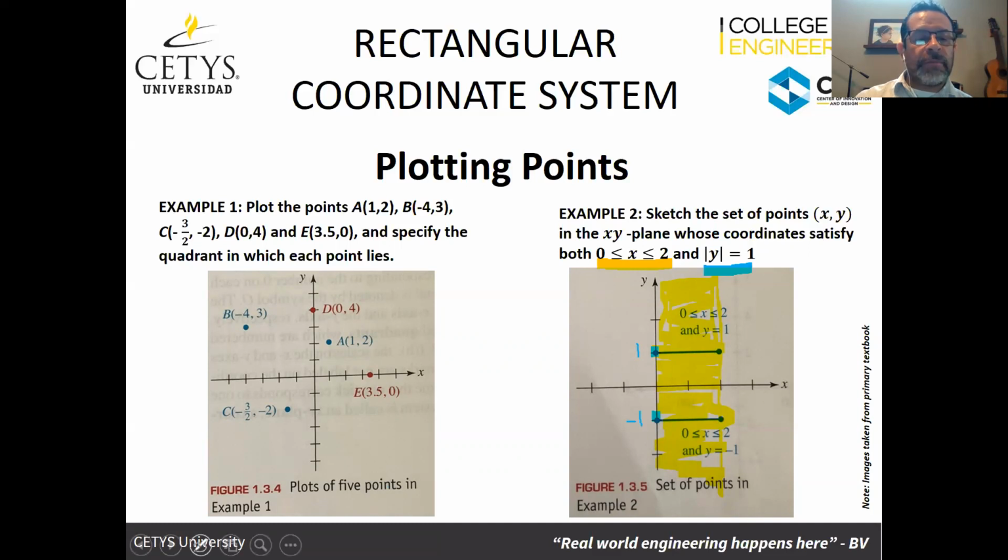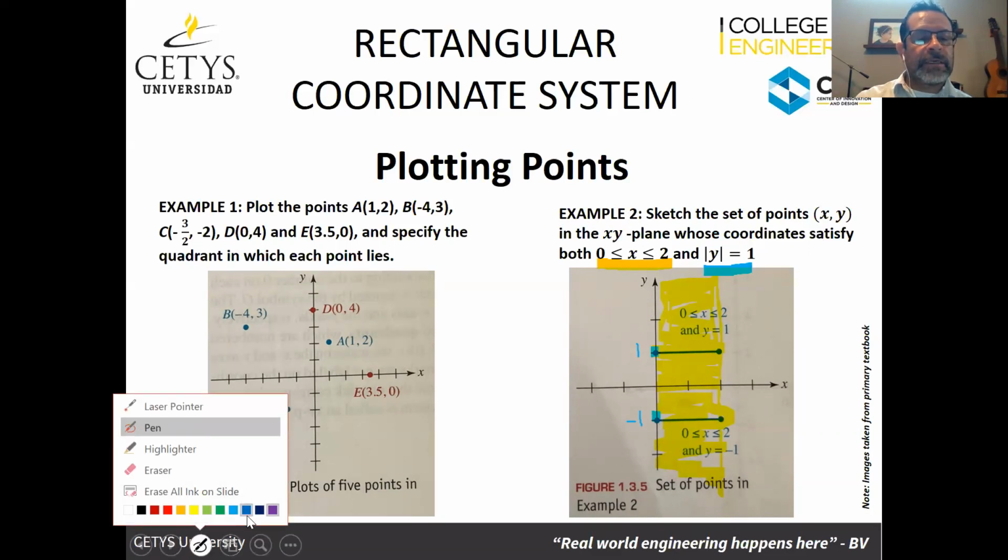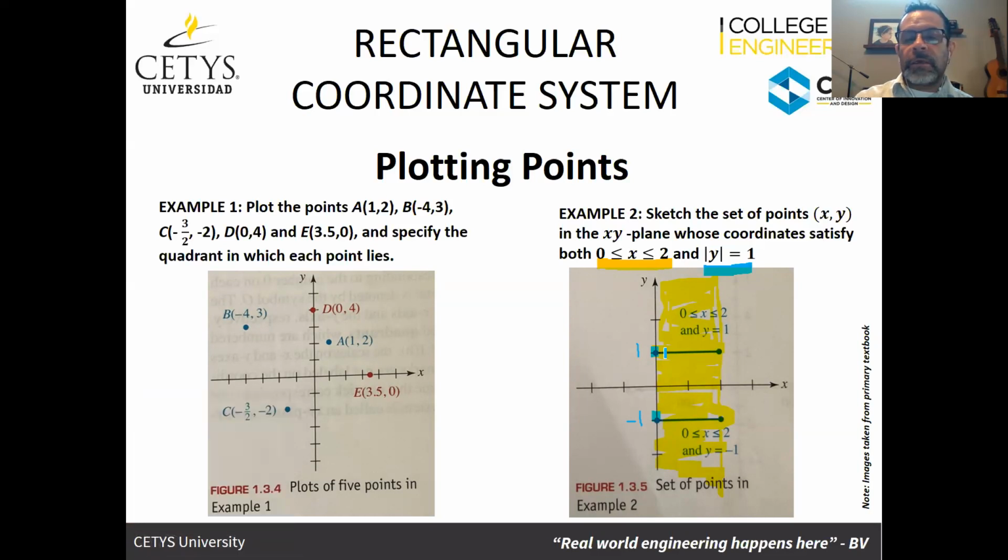So the resulting combination of these restrictions is the blue line there, which indicates the range where both of these comply. This line is both between 0 and 2, and also complies with the absolute value of y, in this case the vertical axis, which is 1.